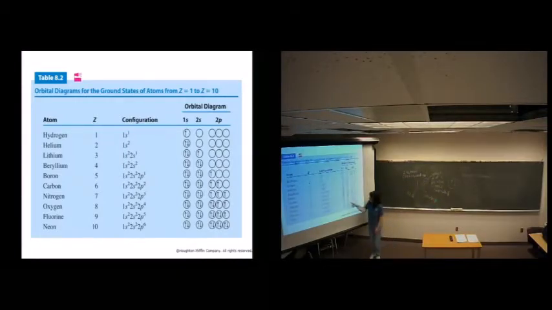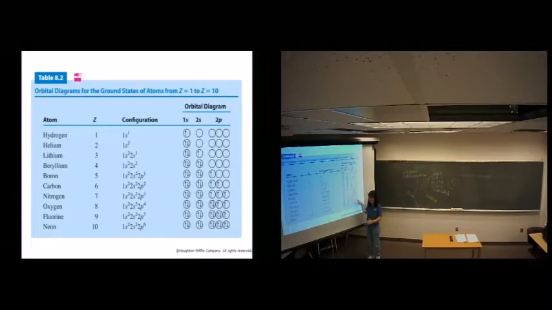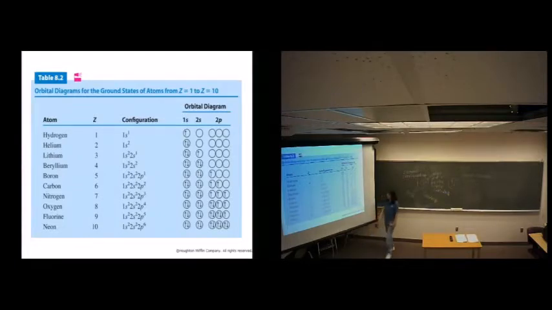We don't say 2p2, 2p2, 2p1. It's 2p, and all together it's 5. Does everybody see that? It's 2p5. Okay, and then neon, that would be 2p6. Does that make sense? Okay, good.